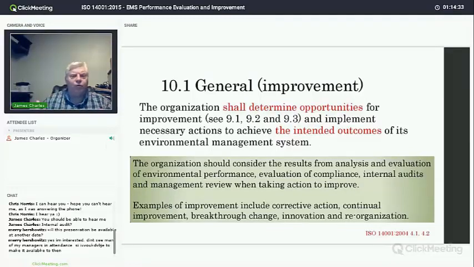So we are going to determine opportunities to improve, to help with those things, and we are going to implement those actions. So if we see evidence that opportunities have been identified, the needed actions have been defined, and they have been implemented, I believe we've met this requirement.